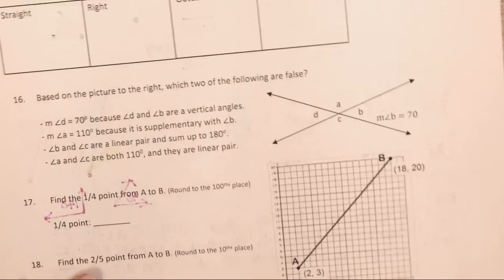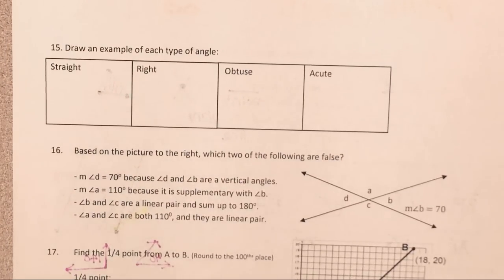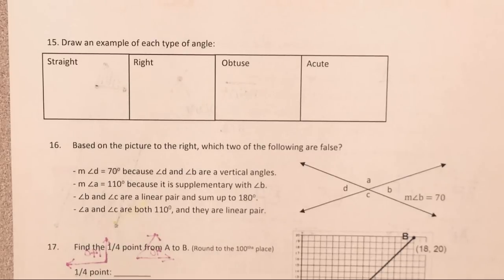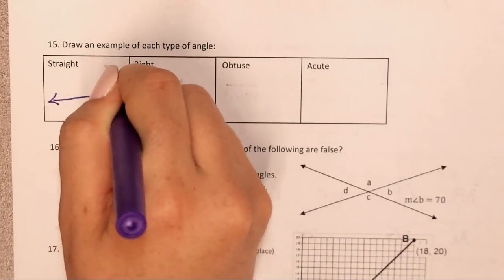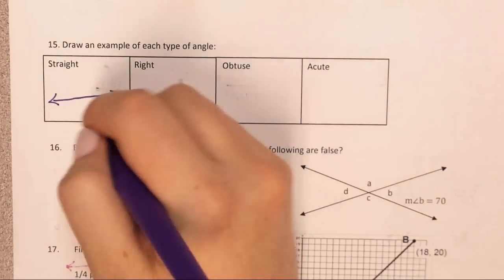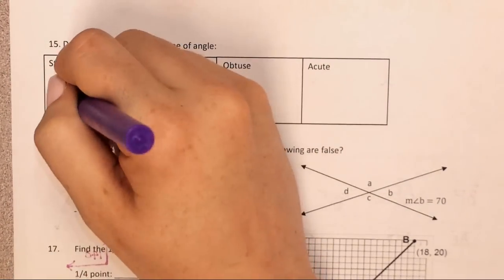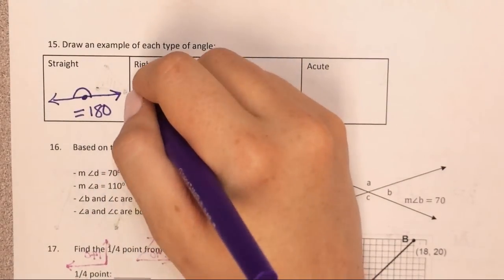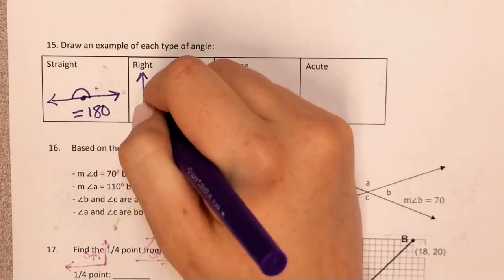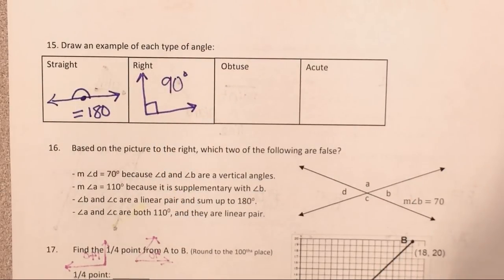All right, flip to the back. Okay, so it says draw an example of each type of angle, and we've got straight, right, obtuse, and acute. So a straight angle is pretty easy. It's just a straight line, and these are always equal to 180 degrees. This is a 180 degree angle. Okay. A right angle is a 90 degree angle.